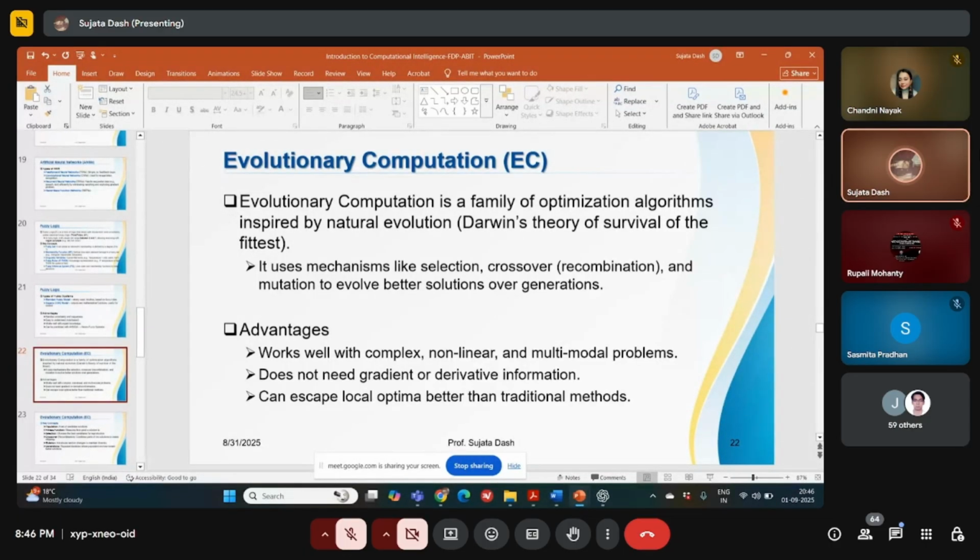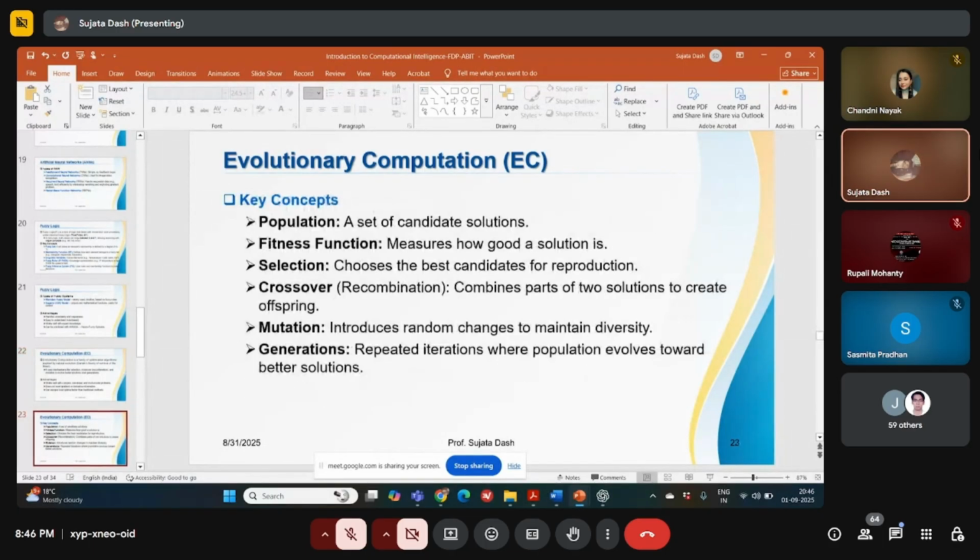Then the key concepts of evolutionary computation are, first one is population based search. Instead of working with a single solution, evolutionary computation always works with a population of possible solutions, and this increases the diversity and reduces the chance of getting stuck in local optima.